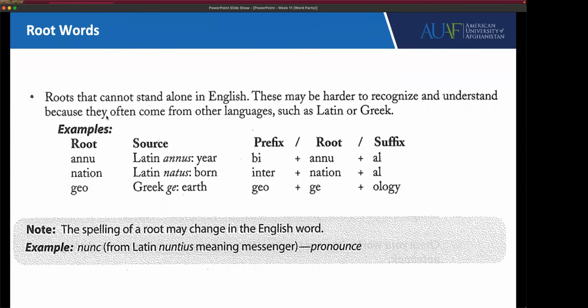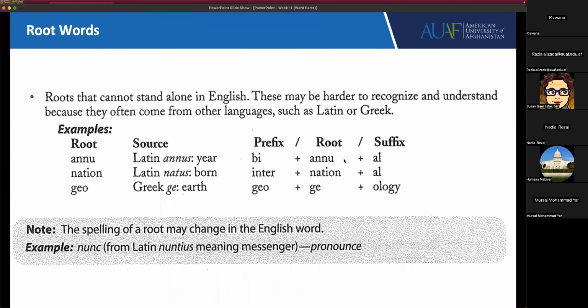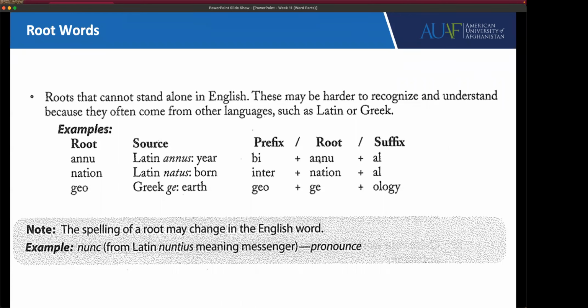So the problem is annu is from Latin, and we don't know Latin, so we don't know this one. But when you look at biannual, bi means twice, and annual, right? And then we have nation, which is Latin.